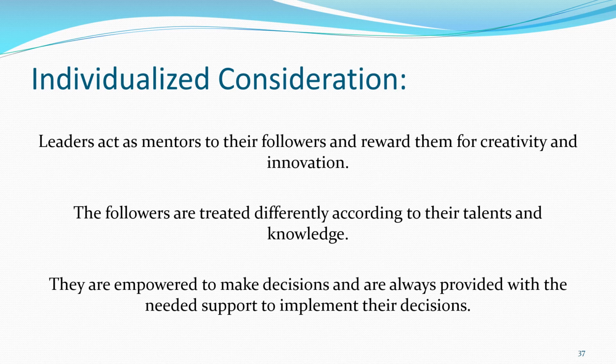So individualized consideration allows you to treat persons according to what serves them best. And the values-based leader understands that in relation to their subordinates. They are empowered to make decisions and are always provided with the needed support to implement their decisions. So they are in a position to make certain kinds of decisions, and they are in a position to back their decisions as well.